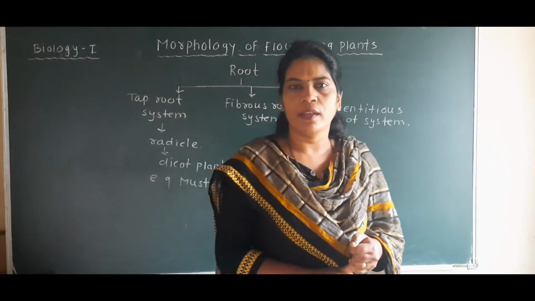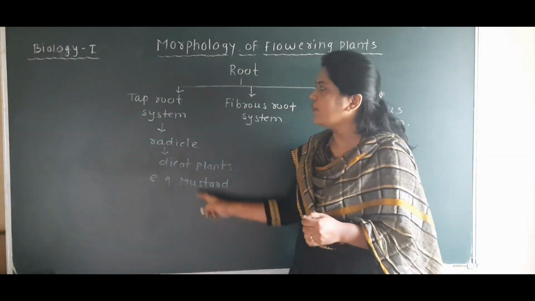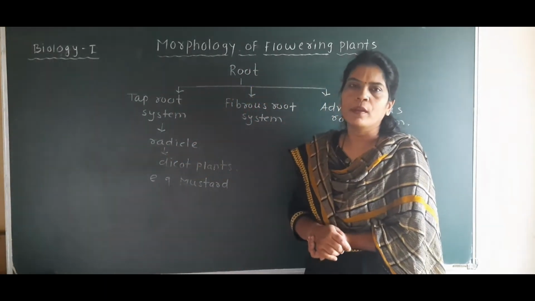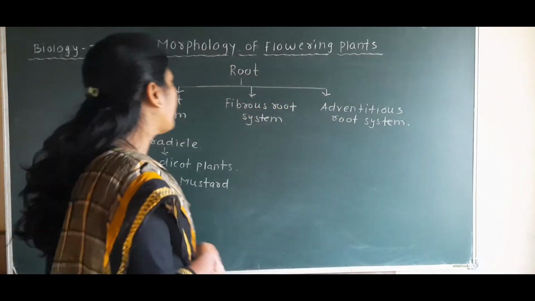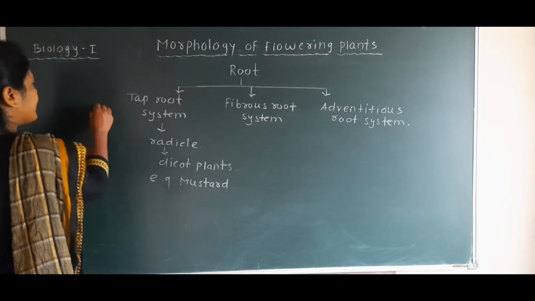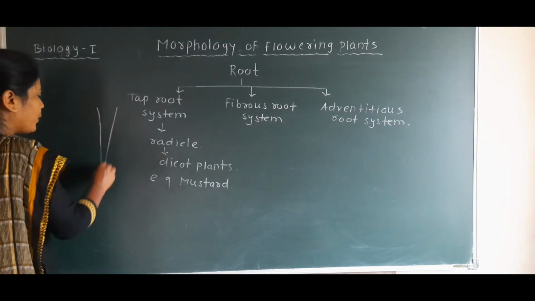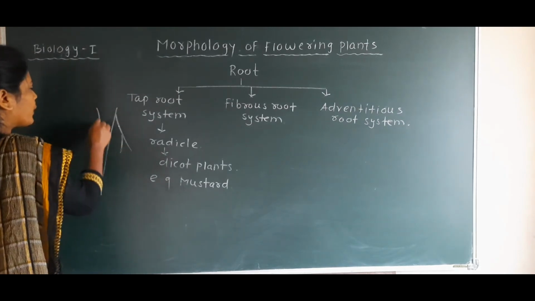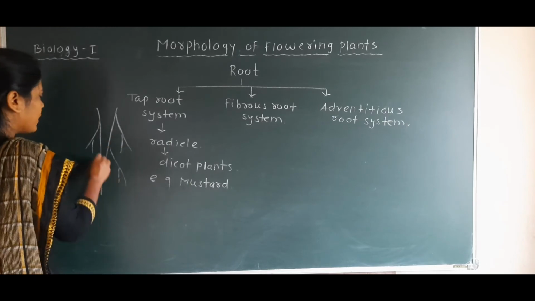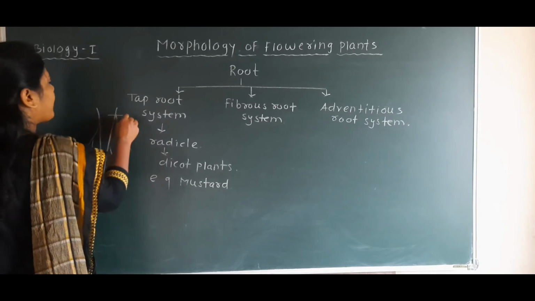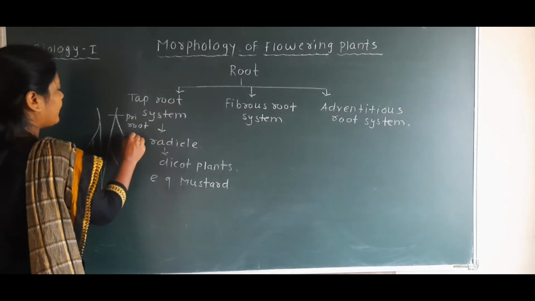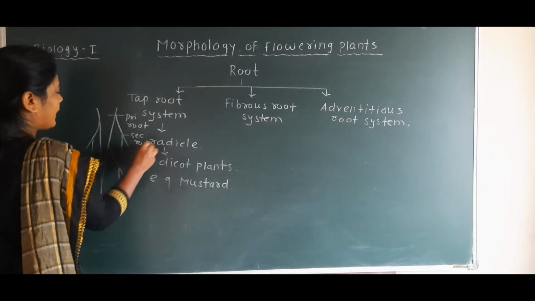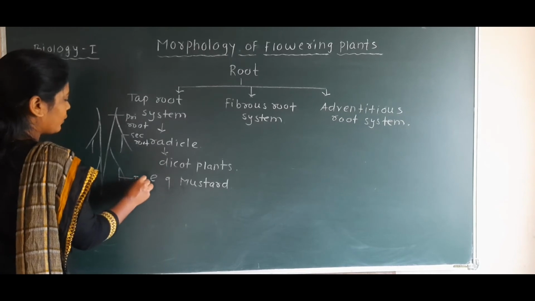Mustard means muri. In the mustard plant you can observe this taproot system. Now here we have to know the diagram of the taproot system. See here, this is the main root. On this main root you can find the lateral branches. So this is the primary root. We have seen this diagram. These are the secondary roots and these are the tertiary roots.